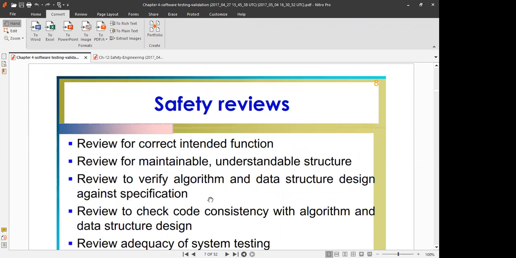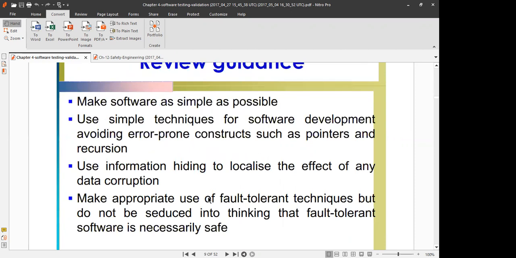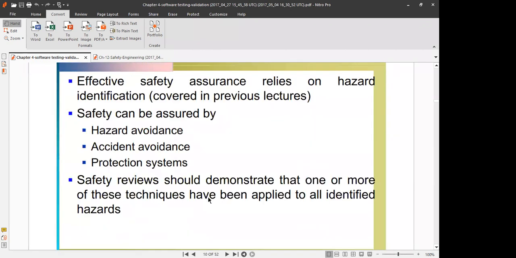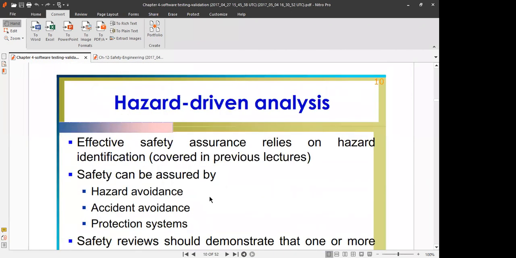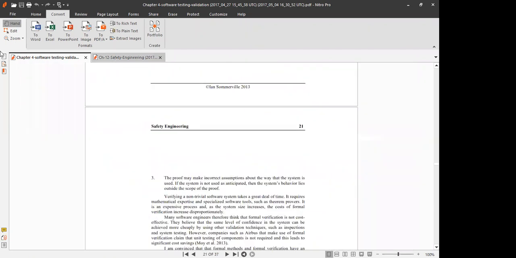Now safety reviews, safety proofs, safety cases, hazard-driven analysis, all those are under safety assurance. Yes, they're all under safety assurance.